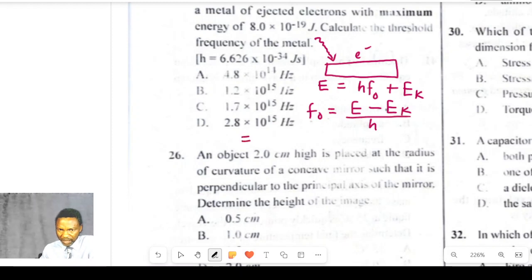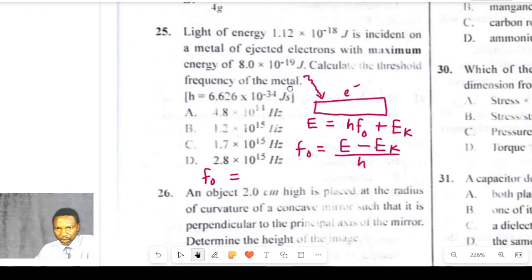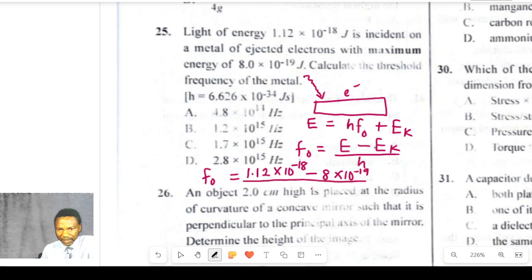So what would that be? Let's substitute. F naught is equal to the energy of the incident light, which is 1.12 times 10 raised to power negative 18 joule, take away 8 times 10 raised to power minus 19, divided by the Planck constant, 6.626 times 10 raised to power negative 34.